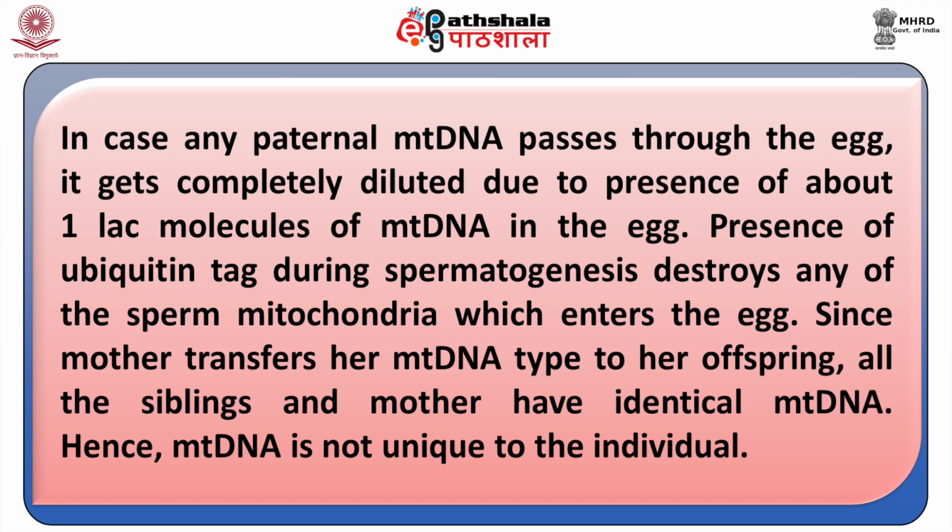Since the mother transfers her mitochondrial DNA type to her offspring, all the siblings and the mother have identical mitochondrial DNA. Hence, mitochondrial DNA is not unique to the individual.